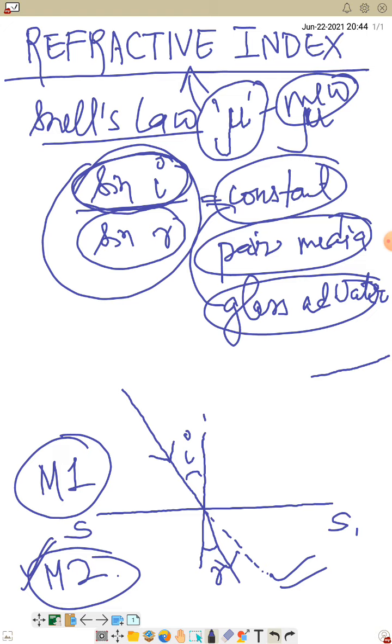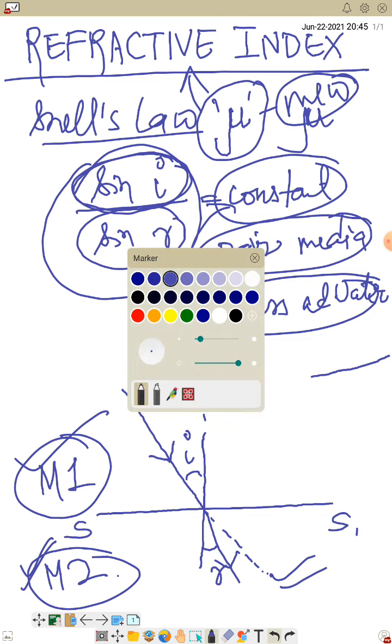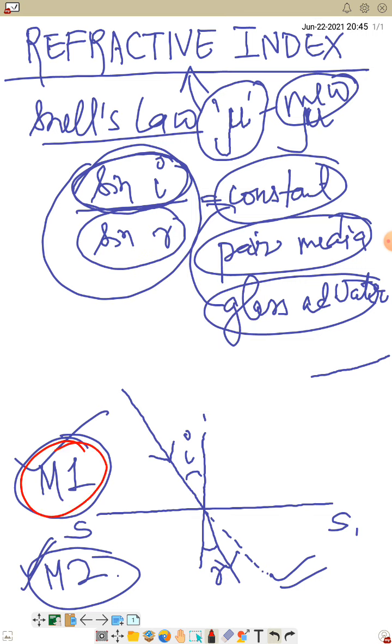Now, the other way to know the refractive index is from the two media. Here I have two media. This is my medium 1, medium 2. Where is my refracted ray? The refracted ray is here.